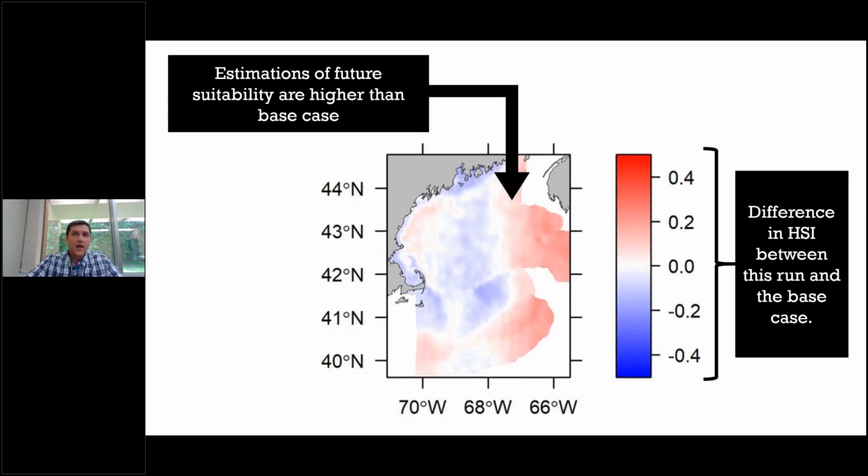So we looked at what happens when Southern New England survey data is used alongside the Gulf of Maine data, and it increased spatial HSIs almost everywhere. So this is a map of differences between the base case and the run with Southern New England data included. Now, Southern New England lobster are subject to different environmental conditions.